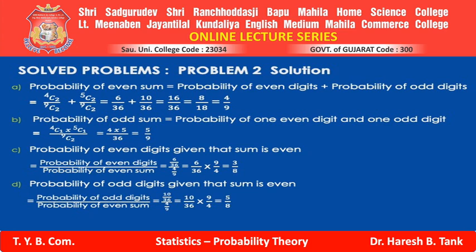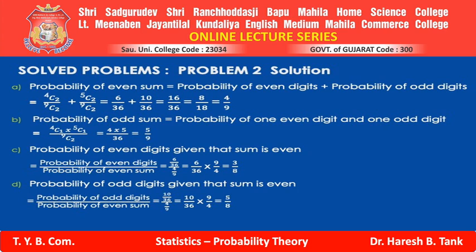Probability that we'll get an even sum is probability of even digits plus probability of odd digits. Probability of even digits: how many exhaustive cases are there? Total number of digits are 9, of which 2 digits are to be selected.